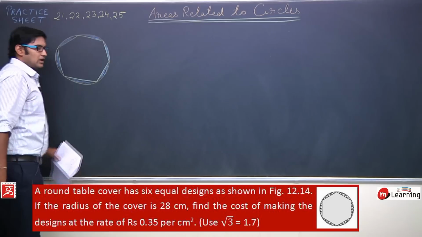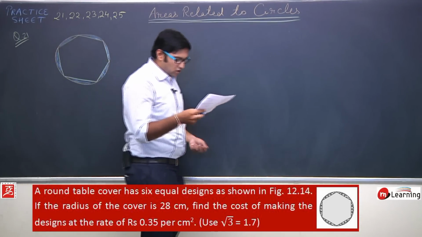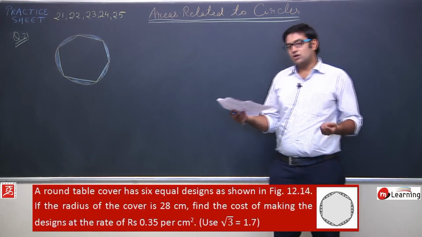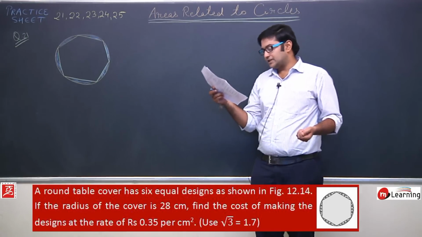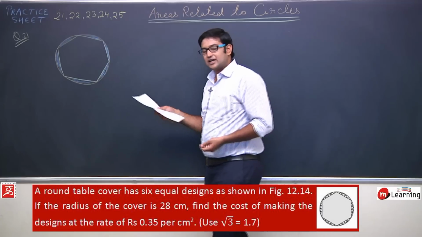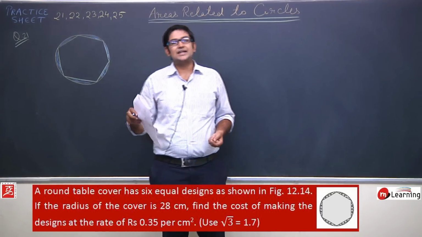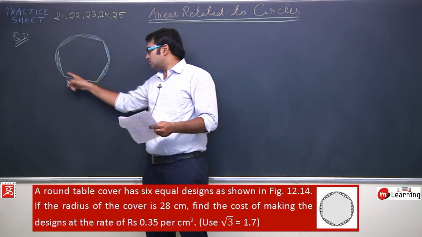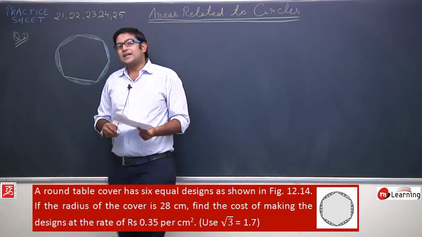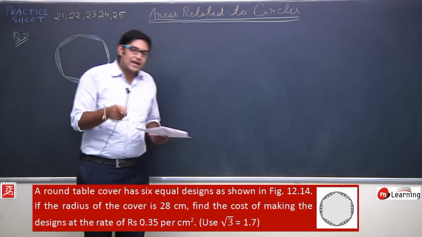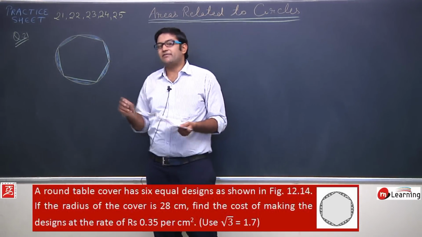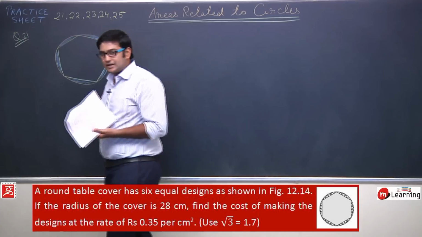Now I need to calculate the cost of making this design. If the cost for designing is rupees 0.35, that is 35 paise per centimeter square. So to calculate the cost of making this design, I need to calculate the area of the design, because the rate of making this design is 35 paise per centimeter square.